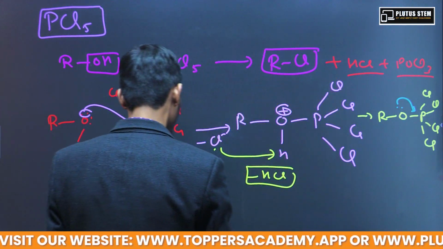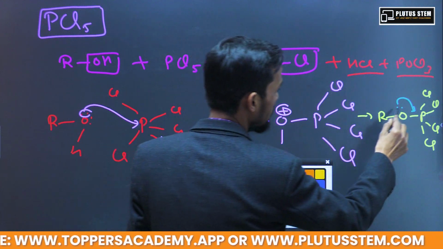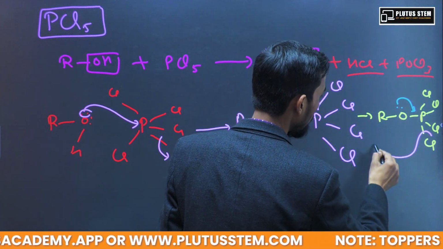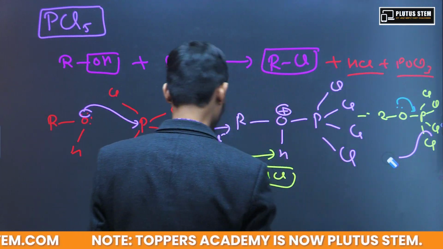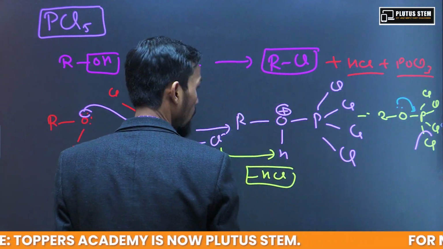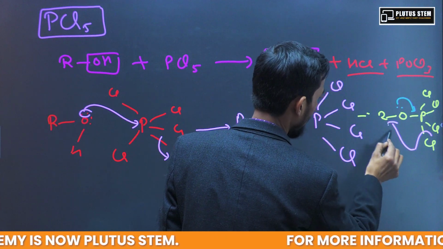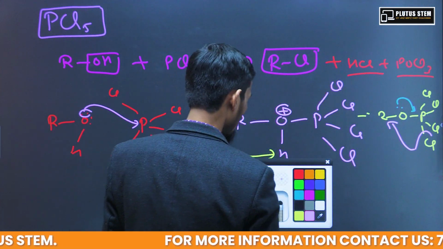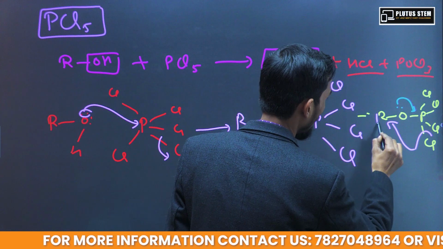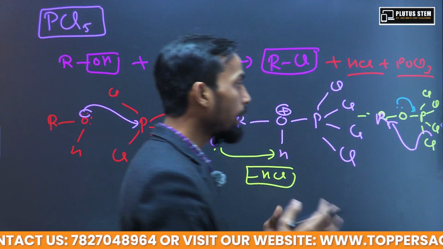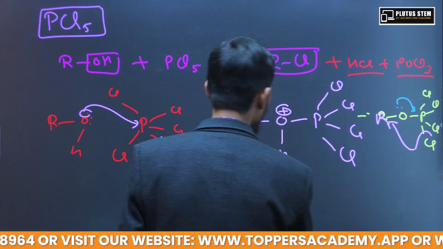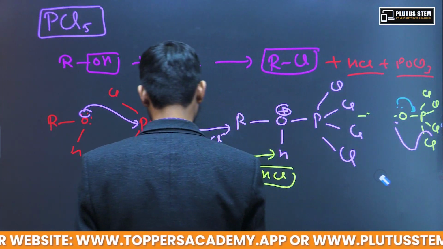This Cl. So as soon as this attack happens over here, this Cl leaves and attacks at this site, this R. As soon as the bond breaks, the same bond is being formed. This is an intramolecular reaction. This mechanism is intramolecular. Clear?